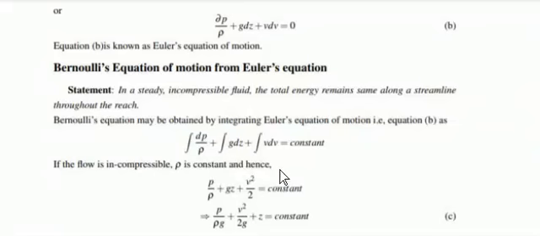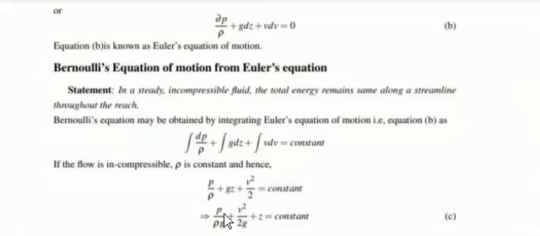So if you integrate this, the integration of dP is P, and since rho is constant, we take it as it is, plus g z plus integration of v dv, which is v square by 2, equal to constant.